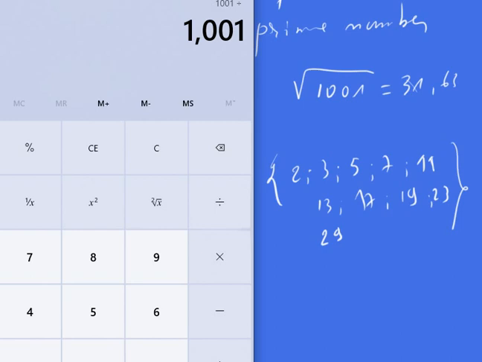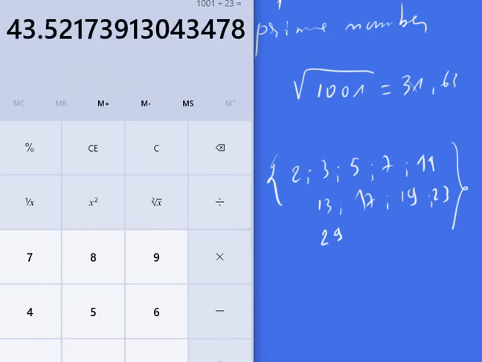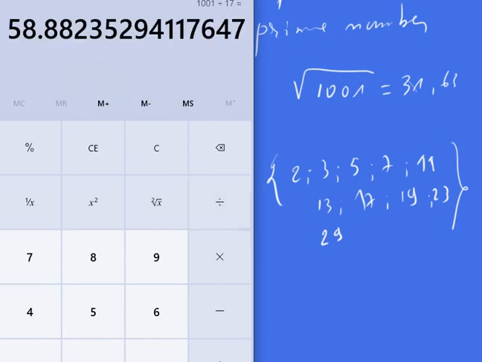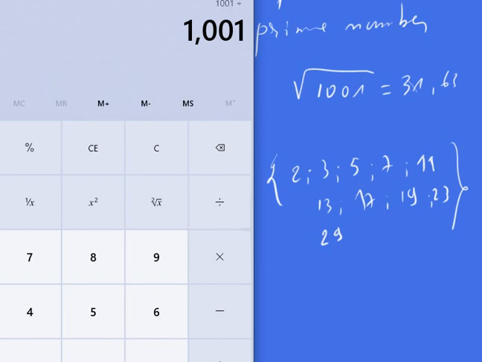1001 divided by 29. No. 1001 over 23. No. 1001 over 19. No. 1001 over 17. No. 1001 over 13.